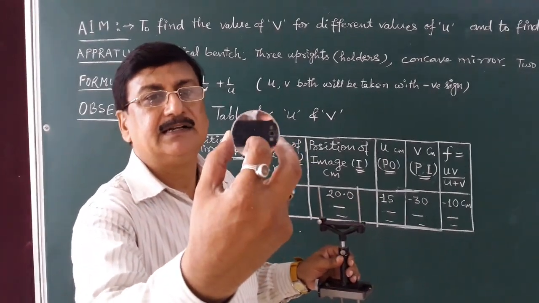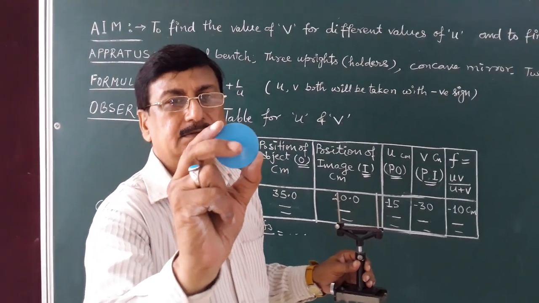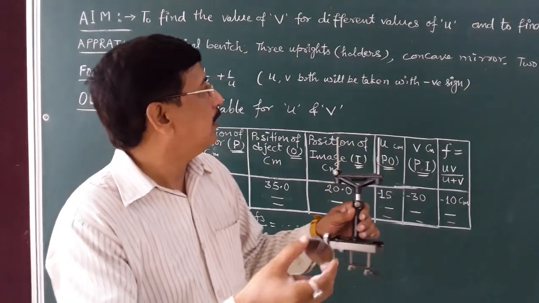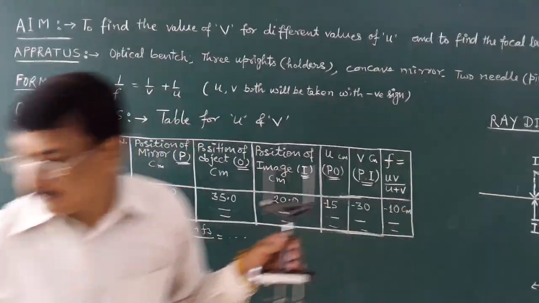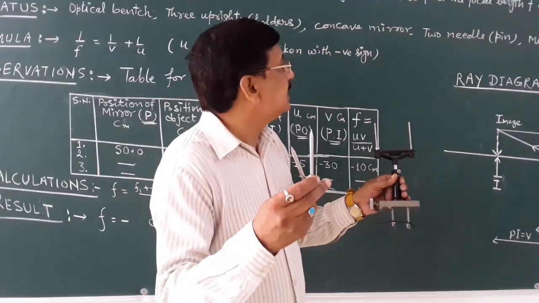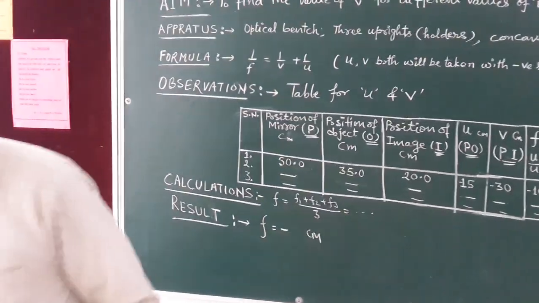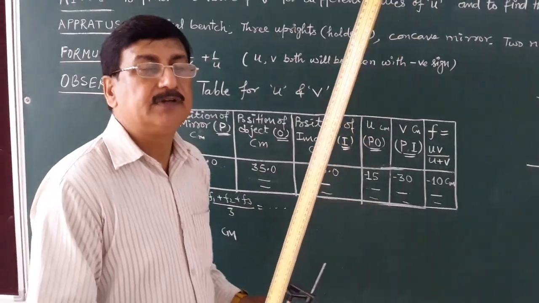One side is reflecting, and at the bulge part here is the paint. Two needles. These are the needles or pins, and meter scale. This is our meter scale if required.